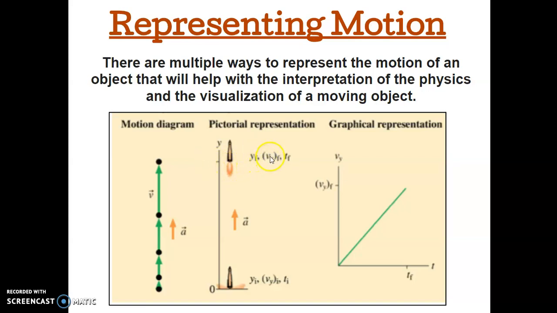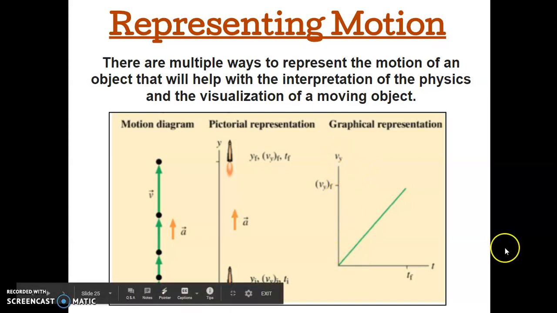We end up with a velocity of v subscript y, and another subscript f because this is the final position. And then we end up at t_f. This is the time at the final position. And yet another way of representing motion would also be this velocity versus time graph. And we'll be talking a lot more about these.